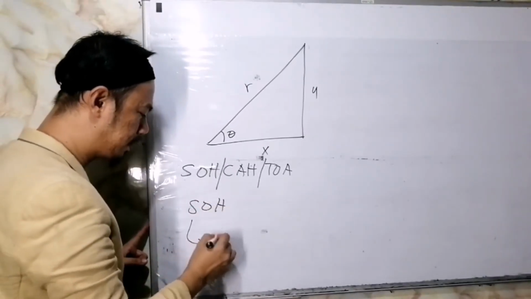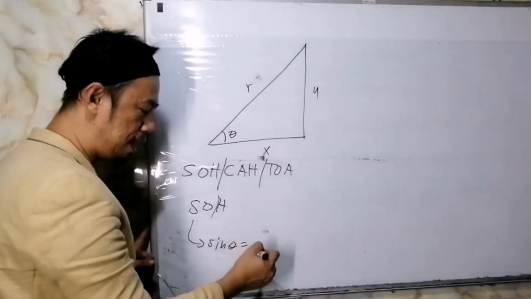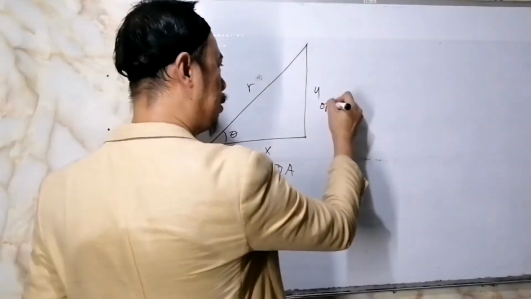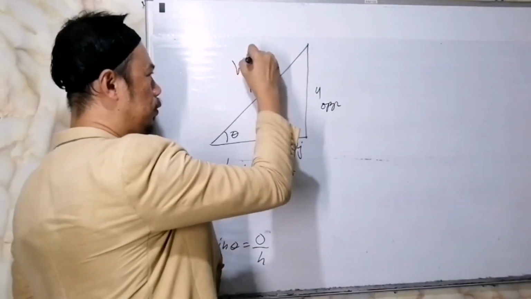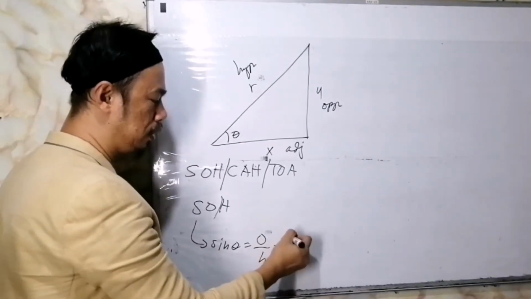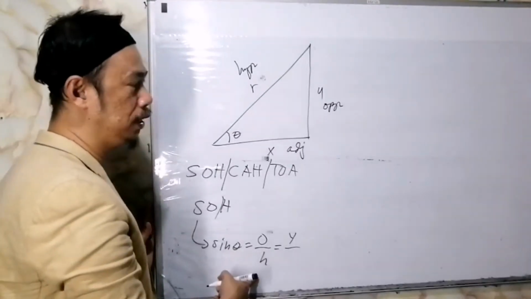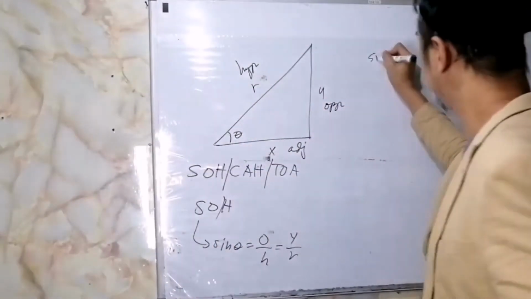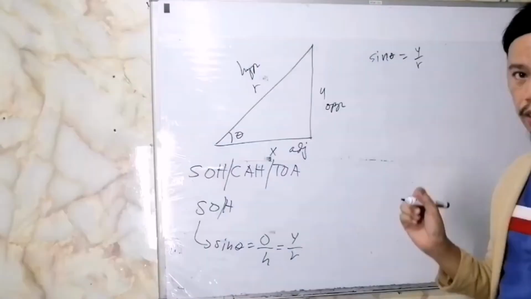S stands for sine theta, equal to opposite over hypotenuse. The opposite is the symbol y. The hypotenuse is the symbol r. Therefore, sine theta is equal to y over r.